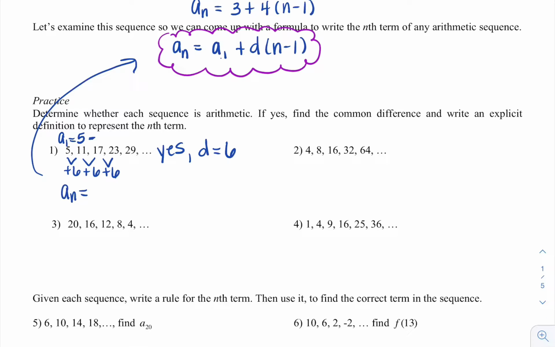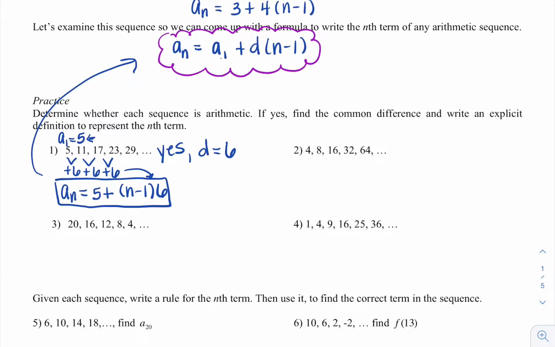A1 is the 5 that I have over here. Okay, so 5 plus, and I'm going to put n minus 1 first, and then I'll put the 6 after it. Okay, so this is your common difference. This is your very first term. Okay, and you're multiplying that by n minus 1. Okay, this has now made a formula for this pattern.